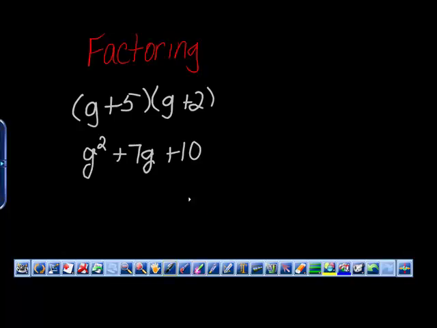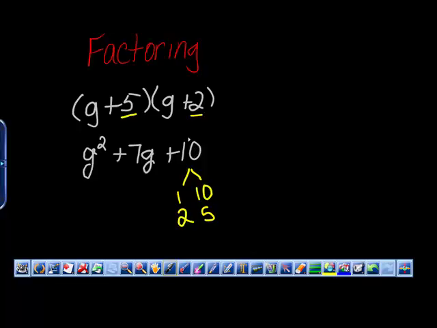Now let's take a look at the factors of 10. So 1 and 10. But this also has 2 and 5. Now as you notice, the factors of 10 happen to be the same numbers that are showing up in our parentheses. And that's because the last numbers in the parentheses, the L in FOIL, multiply to give us our last term in our quadratic.